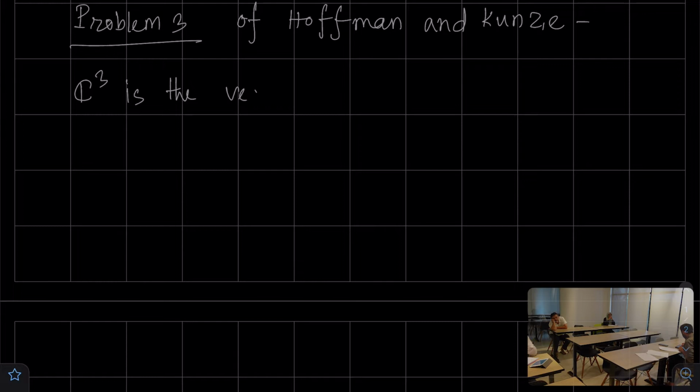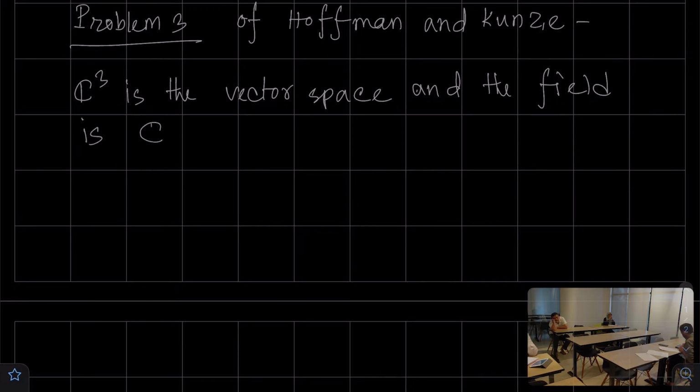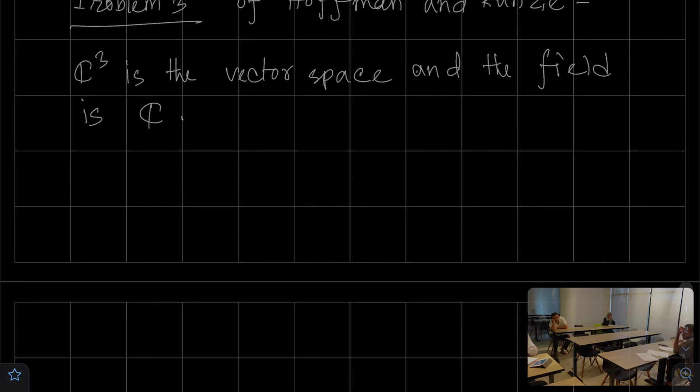The vector space is C3, and the field is C, the complex numbers. So I'm considering the C3 vector space, and the underlying field is the complex numbers.